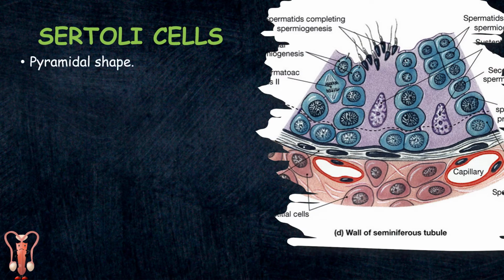Sertoli cells appear as irregular pyramidal shapes. Sertoli cells occupy both the basal and the adluminal compartments.